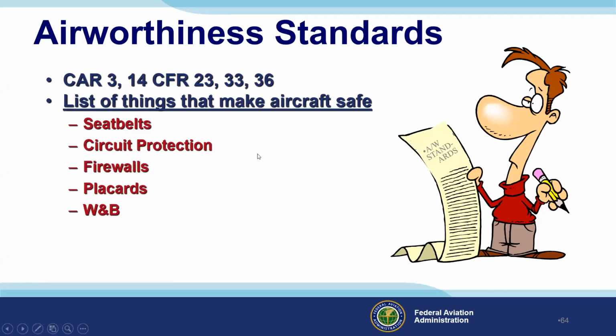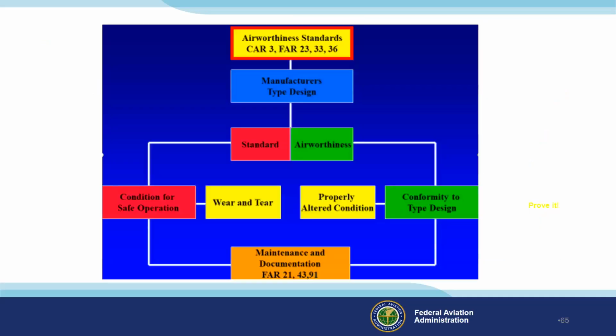So, as far as airworthiness, the airworthiness standards are the regulations that define the things that make an aircraft safe, such as the seat belts, circuit protection, firewalls, placards, etc. Now here we have a chart that shows what we're discussing.